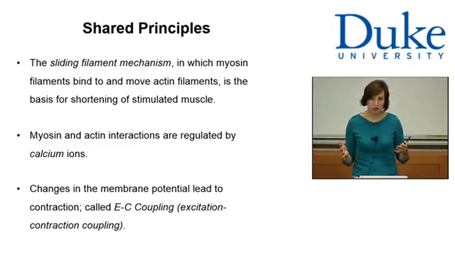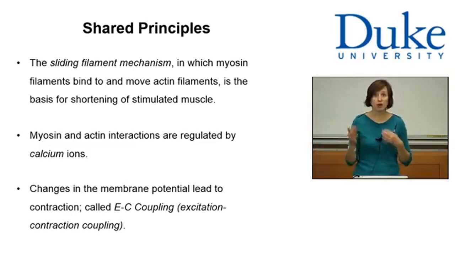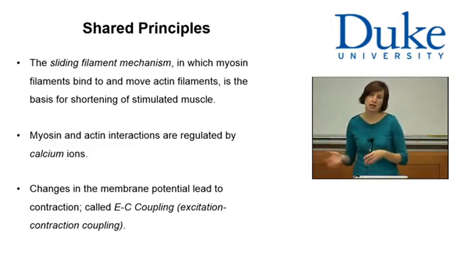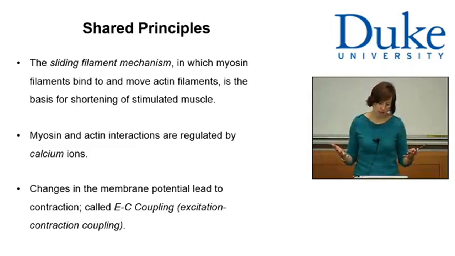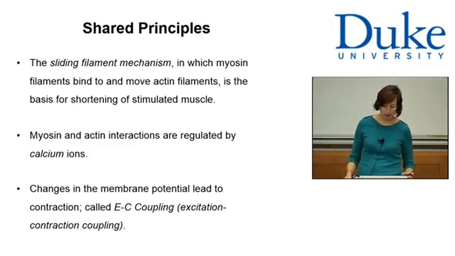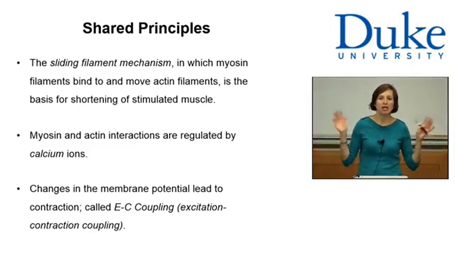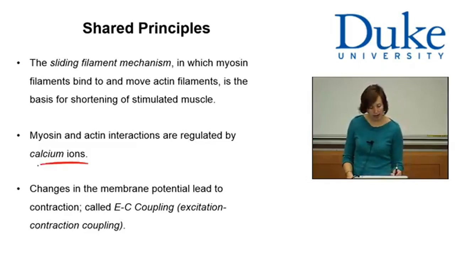The difference will be in how organized that network of myosin and actin will be, in whether or not you see striations in the cells as you do in cardiac and skeletal muscle versus not being able to see striations in smooth muscle. Of course, we're going to want this contraction to be regulated, and in all three cases it's going to be regulated by calcium ions.